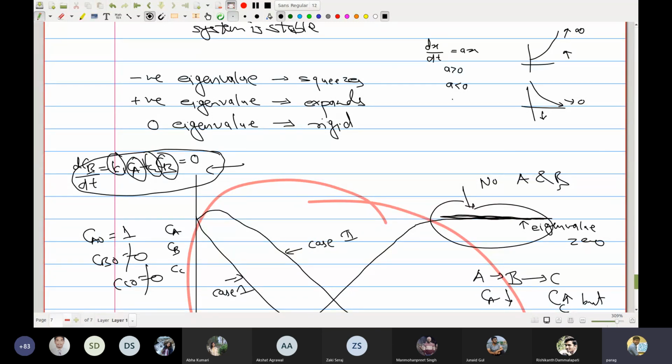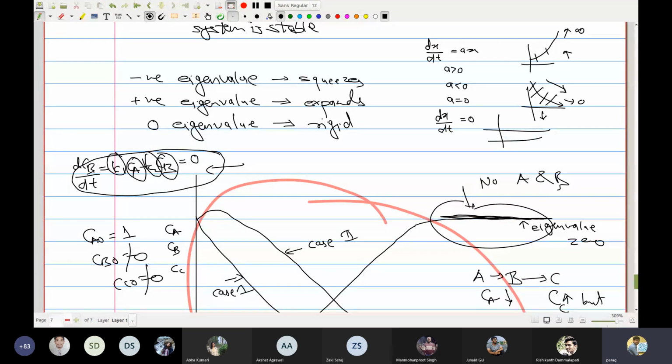But what happens for a equal to 0, which means dx by dt is equal to 0? Well, you just get this solution, which means nothing is changing with time. If I take a pocket here versus a pocket here, as I'm moving here, I'm coming closer and closer to 0.